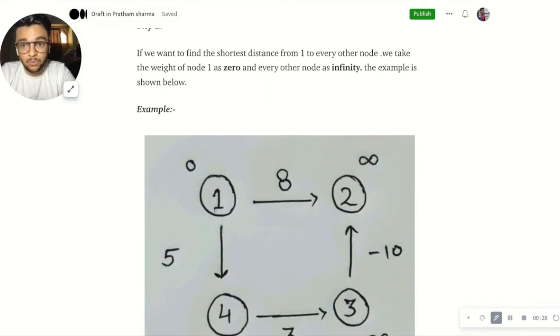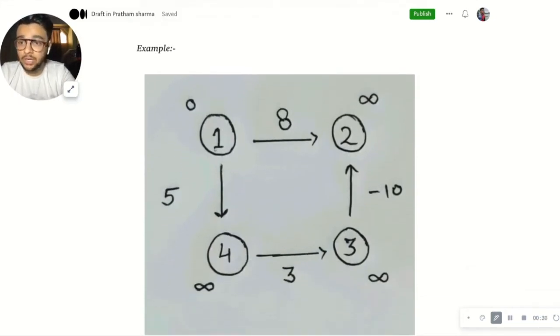Now, step 2 is that we have to select a source vertex. For example, if we have selected 1 as the source vertex, then we write the distance from it. The distance from 1 to 1 is 0, so we write it as 0, and every other node is given an infinity distance. This is step 2.